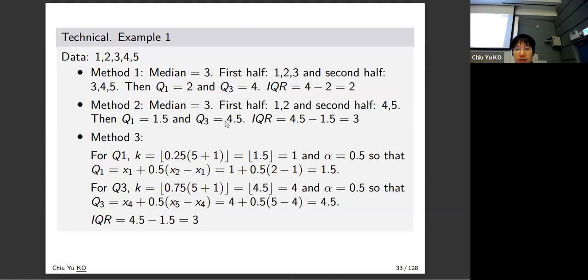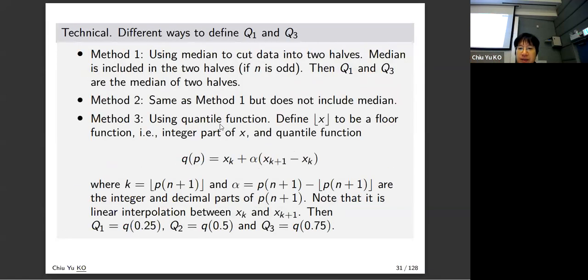We'll use the method we call linear interpolation. What we are doing is looking at what we call the quantile function, which tries to be consistent.